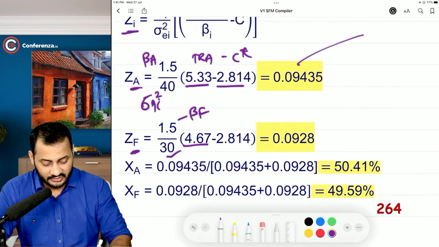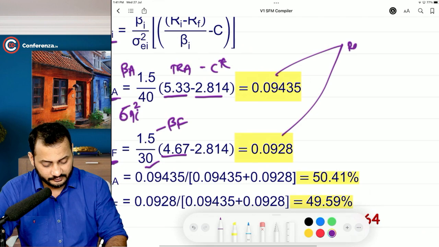What are these values? This is nothing but the relative investment. I will just write it down.